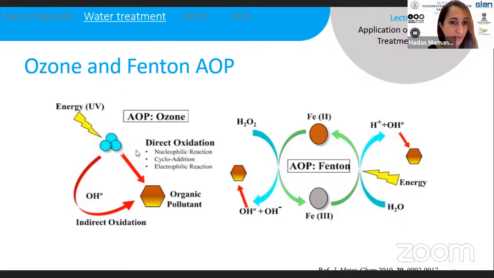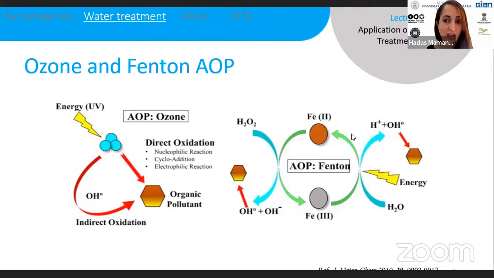We can add hydrogen peroxide. We can target the direct oxidation of organic pollutants at, for example, acidic pH, or target the indirect reaction by either having basic pH or adding hydrogen peroxide, or adding UV radiation. And this is the ozonation process.